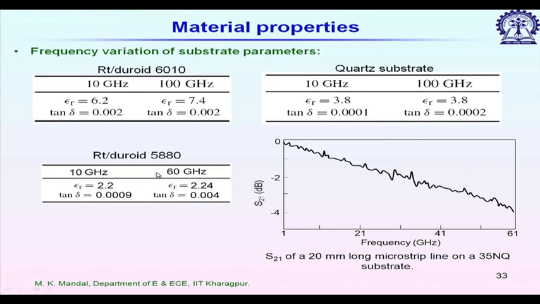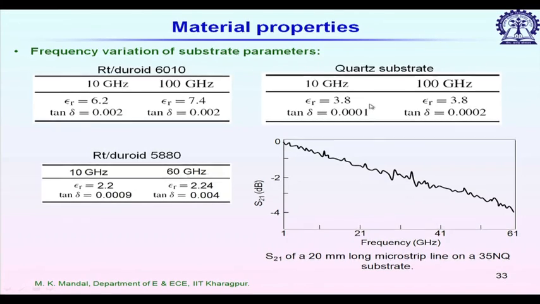Another group measured its performance at 60 gigahertz. For that they got epsilon r equal to 2.24, so almost no difference, and tan delta actually increases to 0.004.